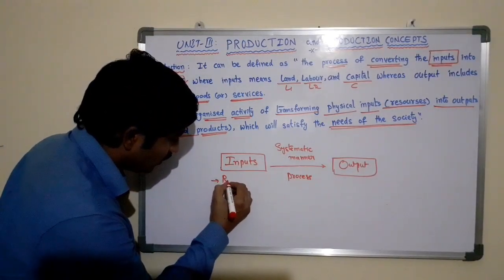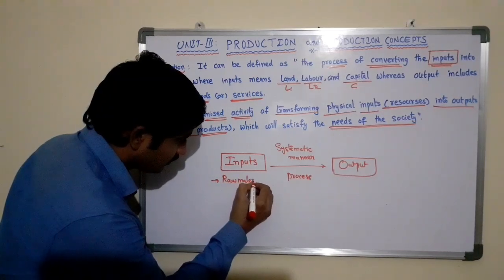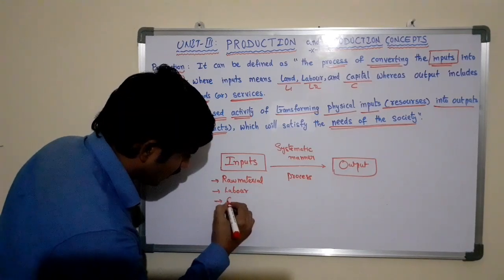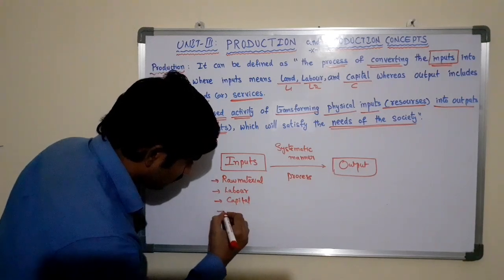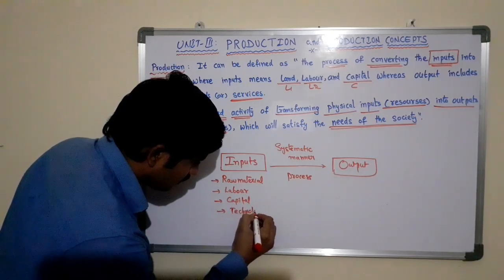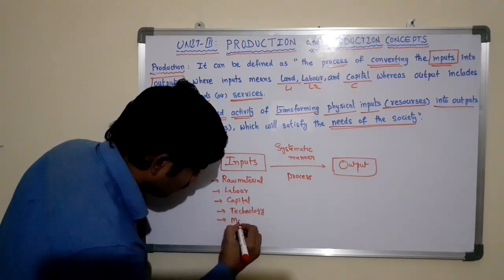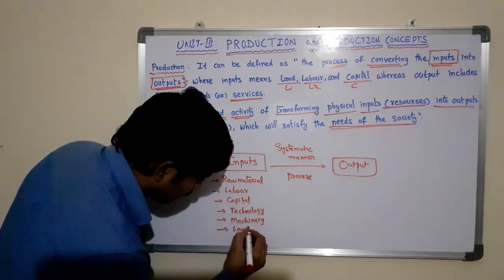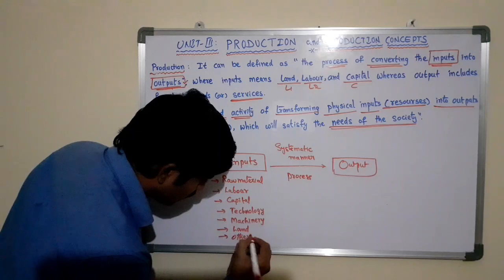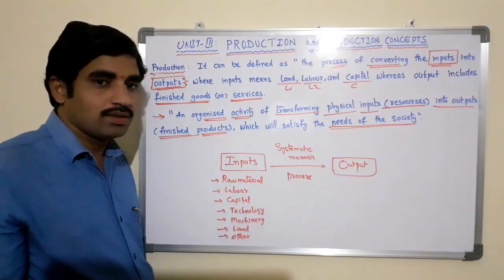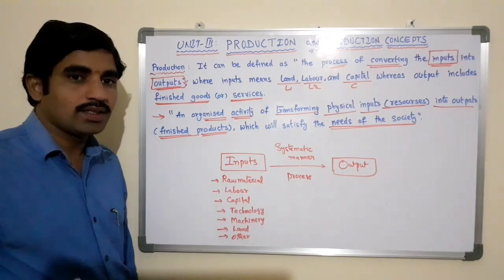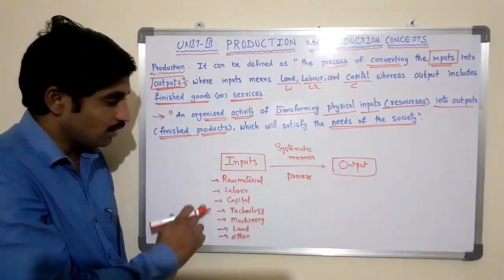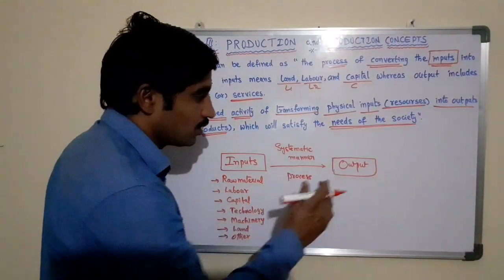The inputs may be raw material, labor, capital, technology, machinery, land, and other resources that are available to produce the product. Based on the nature of the product or service, you may use some, all, or one of these input factors in order to produce the output.